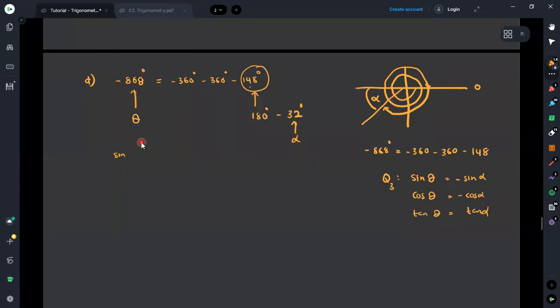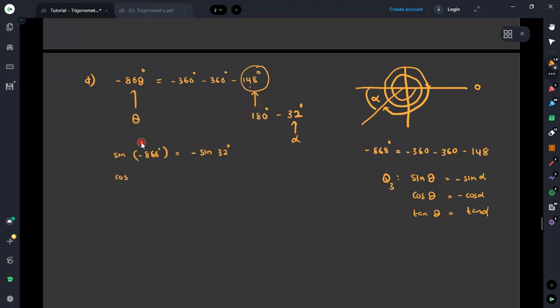Here we can take the value of sine of minus 868 degrees. The associate acute angle was identified as 32 degrees, because the remaining quantity was 148 degrees, which can be taken as 180 minus 32 degrees. Then this equals minus sine 32, and we have to use the negative sign since the angle is in the third quadrant.